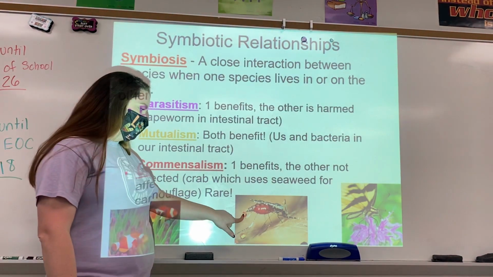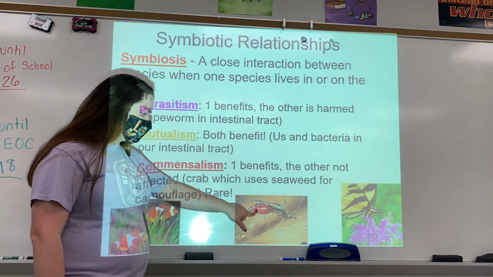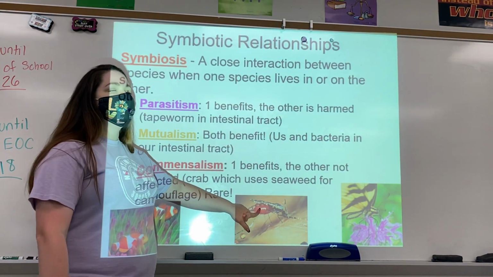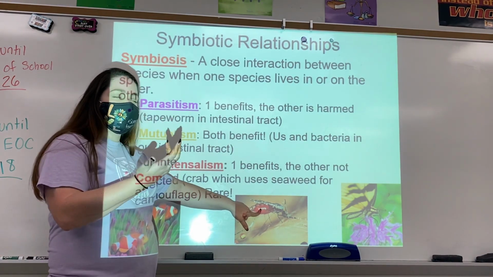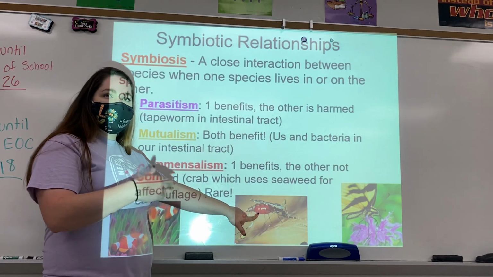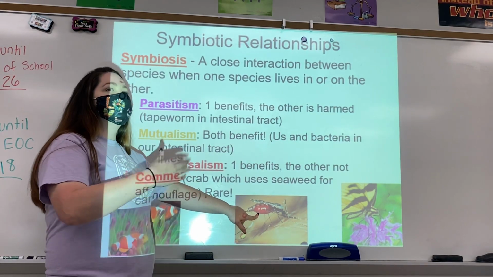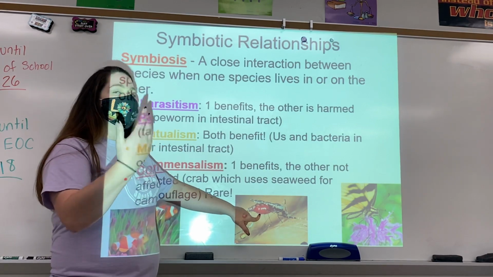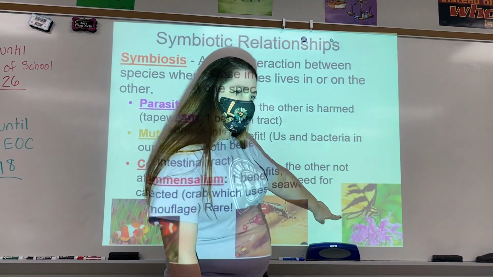What is this an example of? That is parasitism, because the mosquito is benefiting from sucking up the blood, but mosquitoes are known to give diseases. So the disease is going to weaken or maybe even fatally harm the host. And then, what is this an example of?